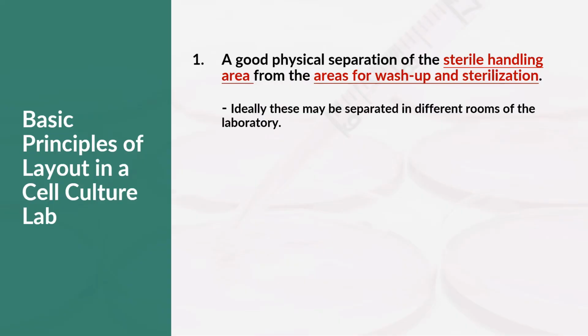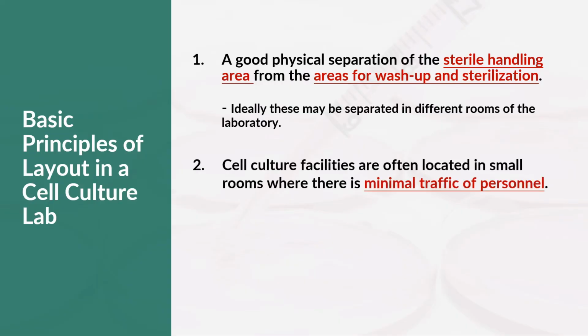Ideally, in an ideal setting, these two sections should be in different rooms of the laboratory. Second, your cell culture facilities, or the area where you are doing your sterile handling, are often located in a smaller room, the reason being to cut down the traffic of personnel walking around.